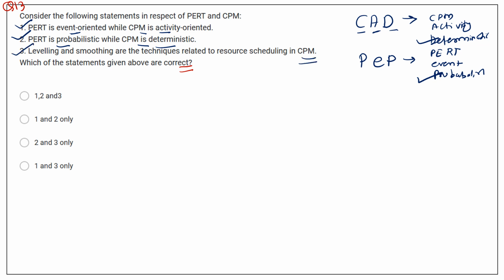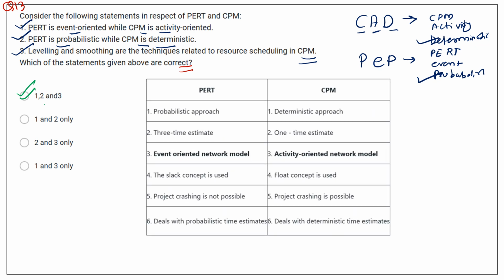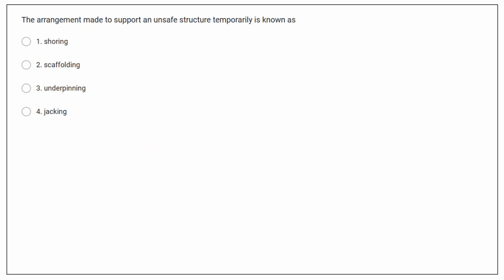So here option number first is correct, which is first, second and third, all the three statements are correct. Then next question. This is the chart for the PERT and CPM, differentiation between PERT and CPM. Okay, the next question is question number 14.